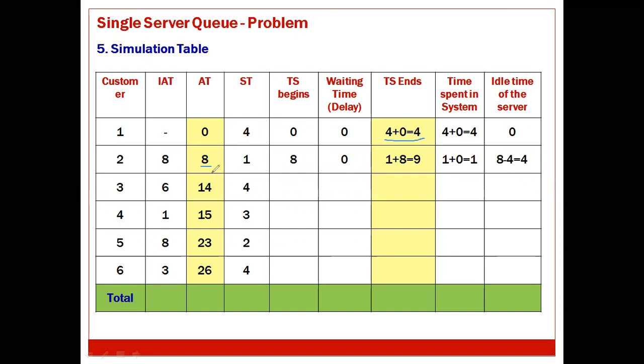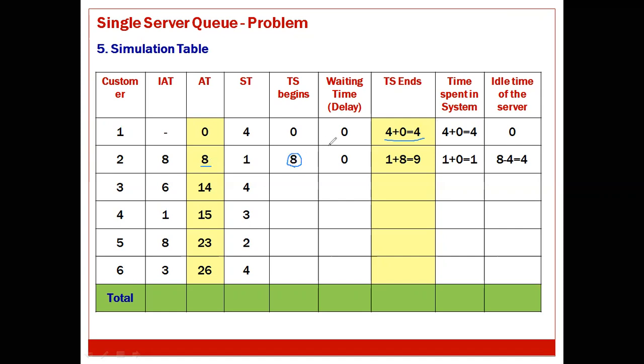That means the arrival time of the second customer, then the time service ends of the previous customer. You compare their values. The previous service ended at 4, but the next customer is coming at 8. So the time service begins at 8 only, correct? Among 8 and 4, whichever is the greater value, that you are going to write here, 8.